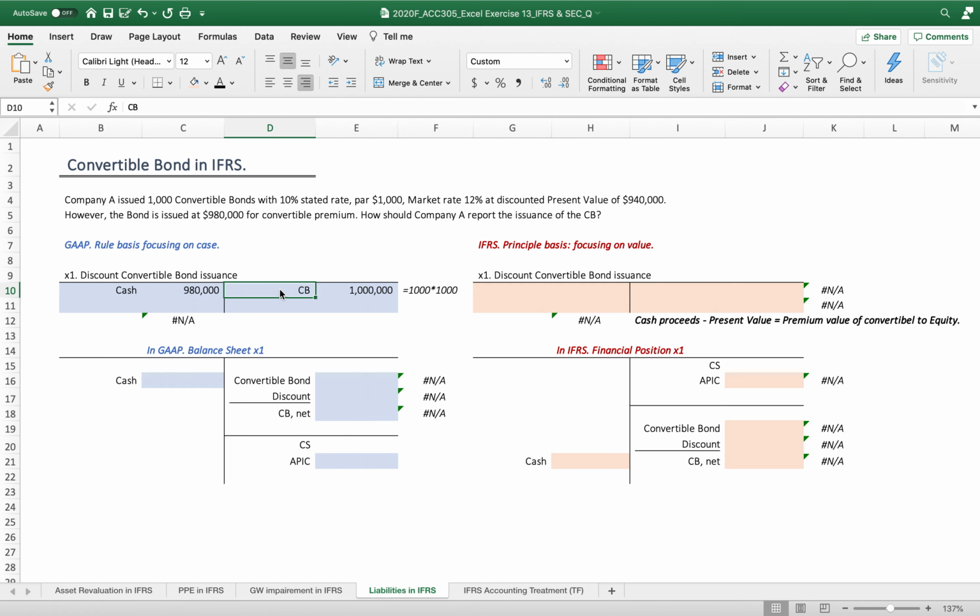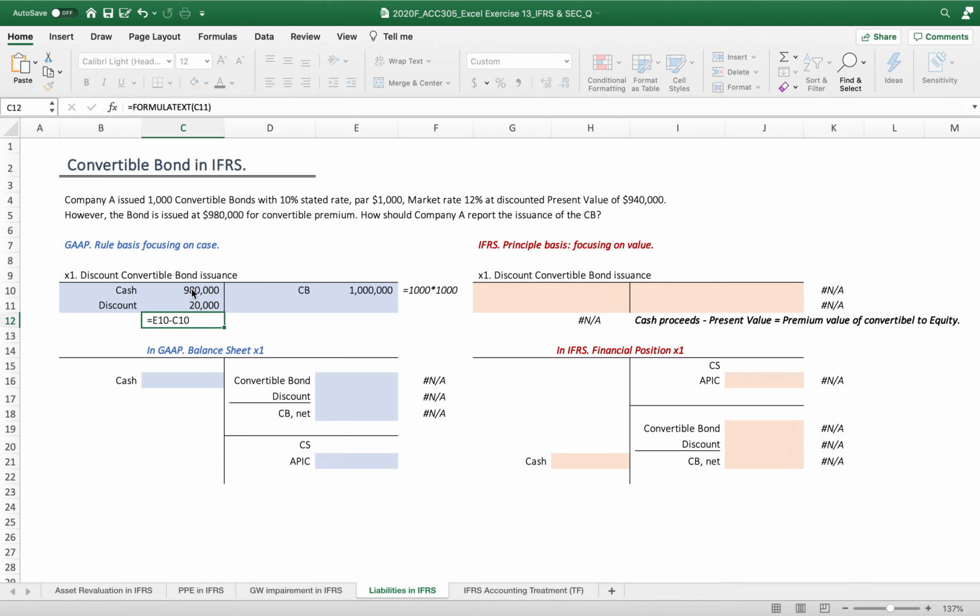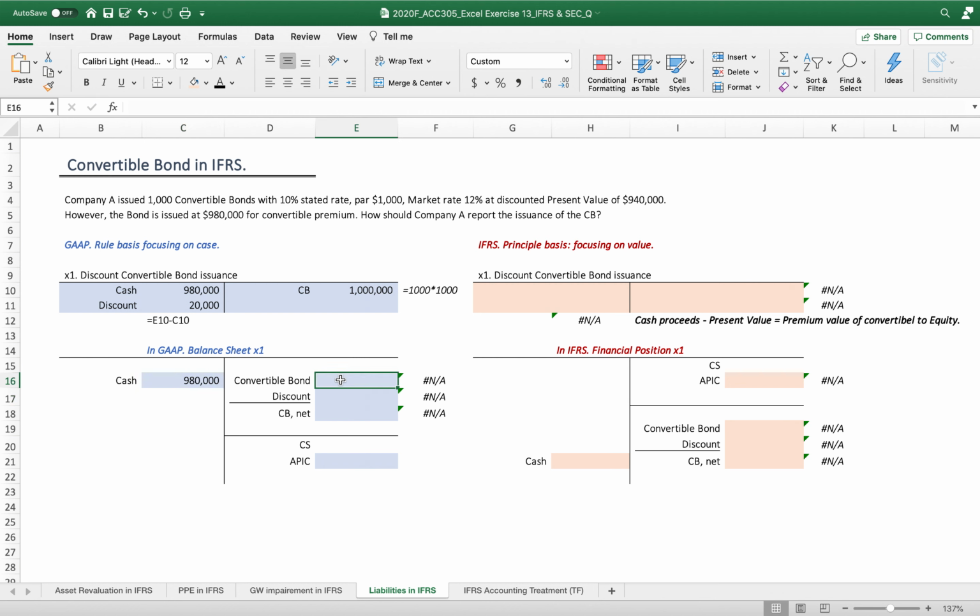So the difference between the two is, that is the financial accounting thing, the discount. This discount of this bond is the par value minus cash proceed, so $20,000. So how do we post this? 980 is the original cost.